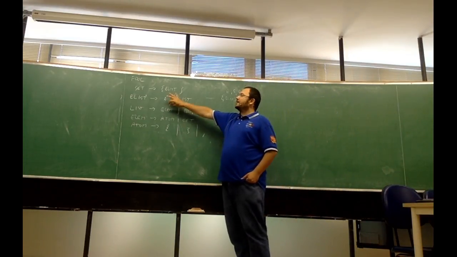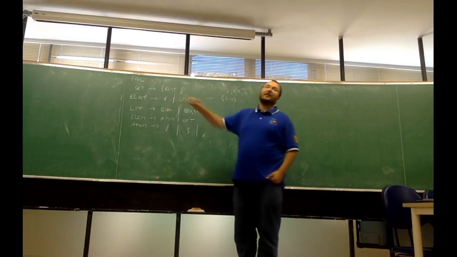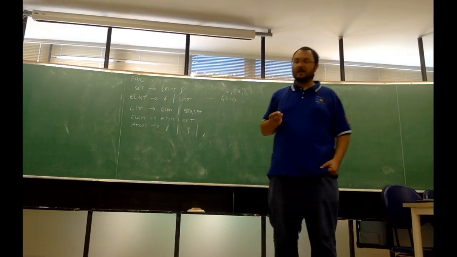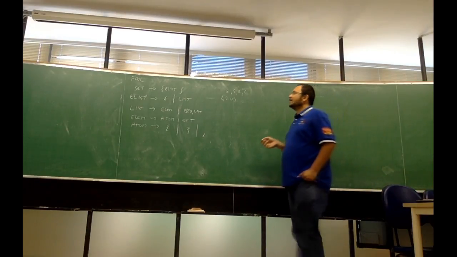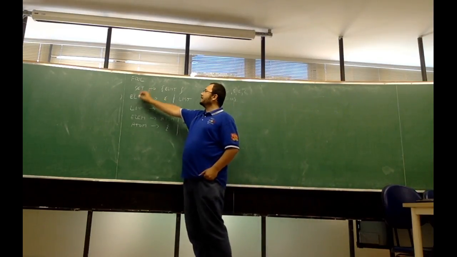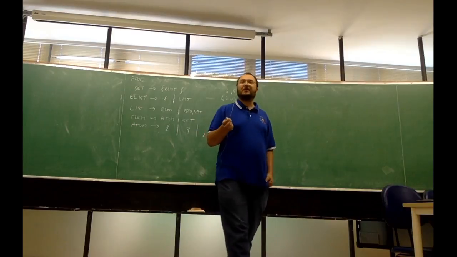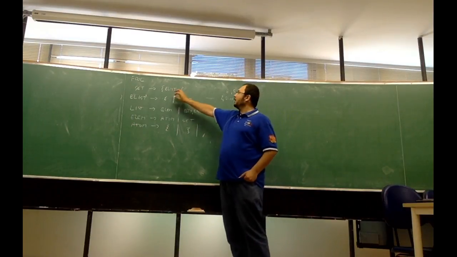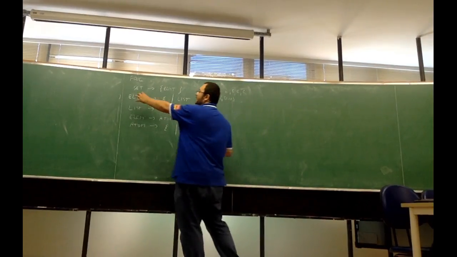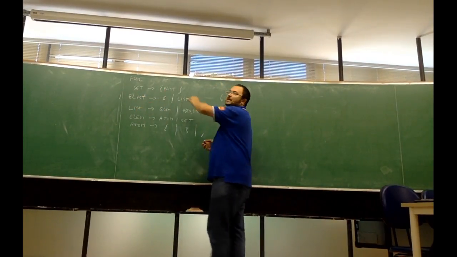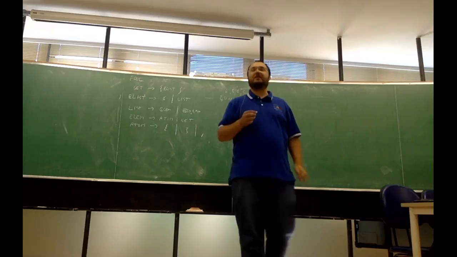Okay, so this entire thing you have been given is what's called a context-free grammar. You have some symbols here on the left side, those are called non-terminal symbols, and here on the right-hand side we always have a few options. So whenever you see this non-terminal symbol, you can replace it by one of those options.